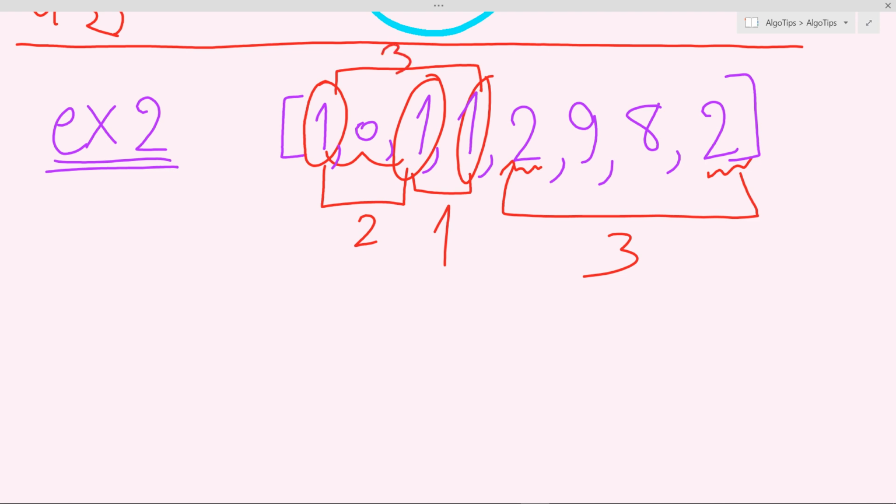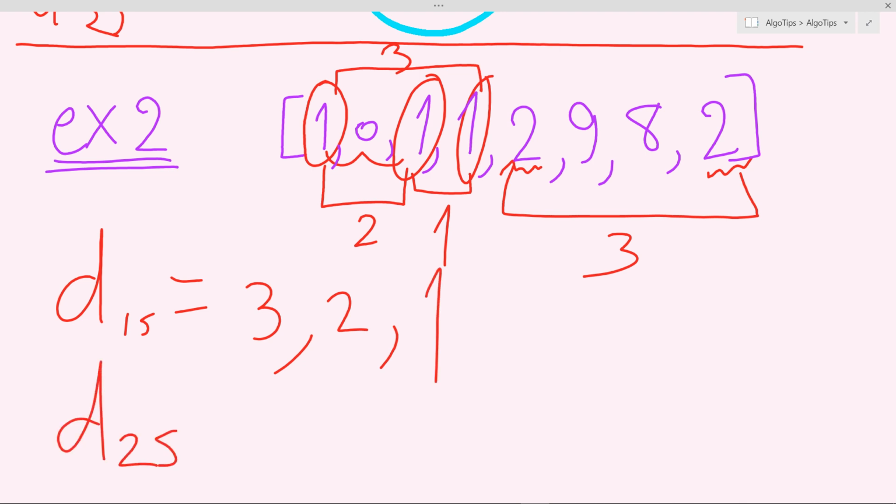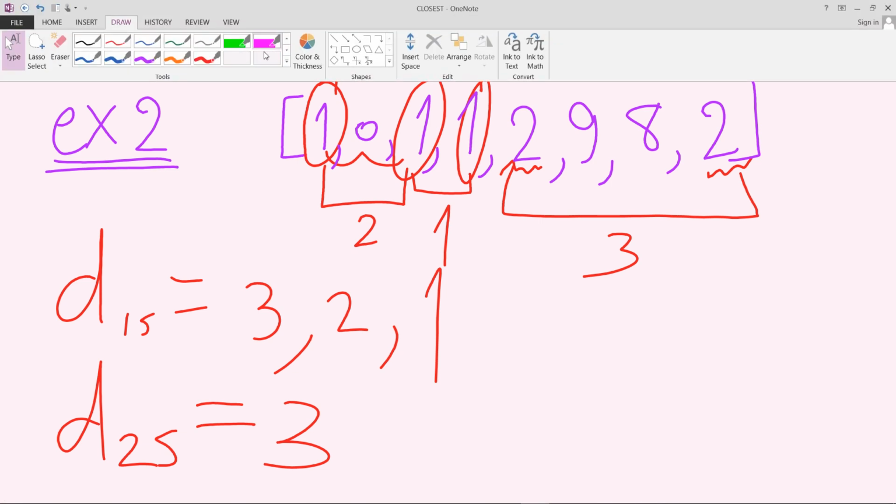So the minimum distance between the ones is either 3, 2, or 1. And between the twos, the distance, d as in distance of twos, is equal to 3. So the minimum distance between any two pairs is of course seen to be this number 1.